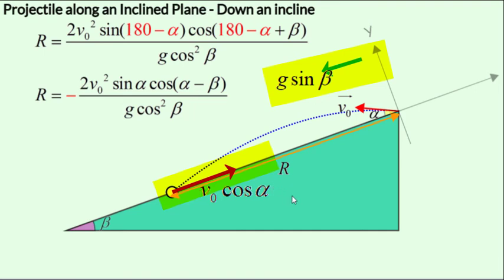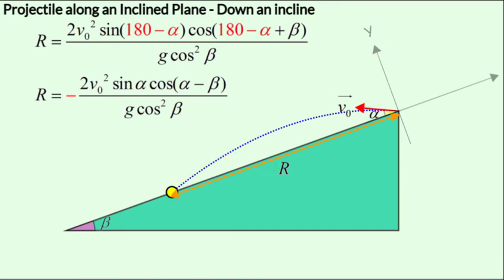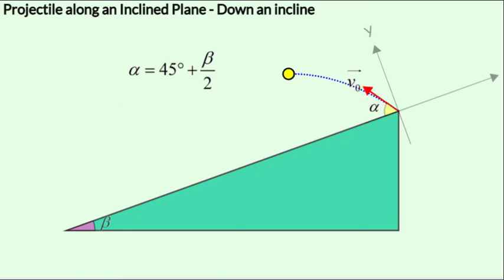In case you want to derive it, like the range up the incline, this is the only point that you have to remember. That is, that the initial velocity and acceleration have the same direction down the incline. And finally, we come to the maximum range.